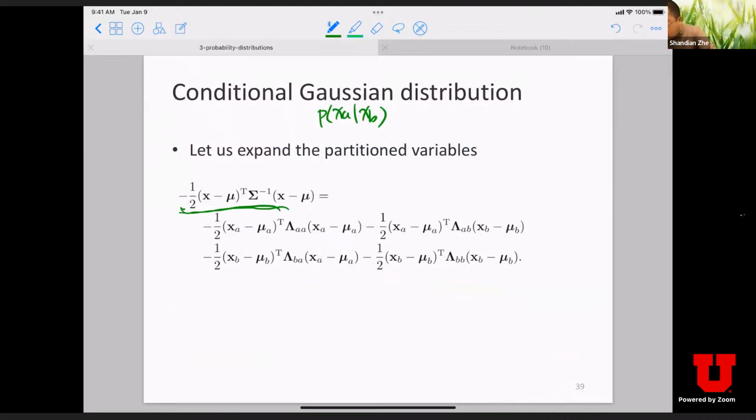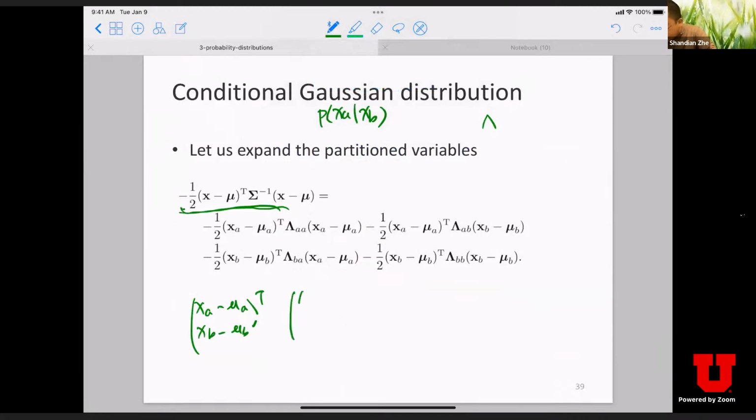So x minus mu can be written as xa minus mu a, xb minus mu b transpose, with sigma inverse. To be convenient, we just use its precision matrix, which we can also partition.